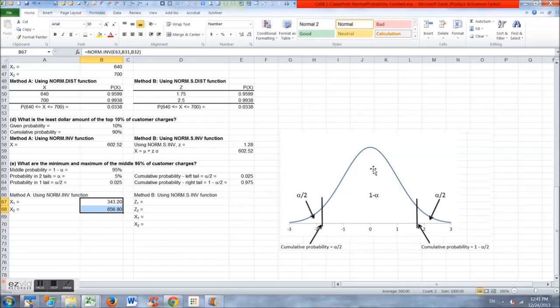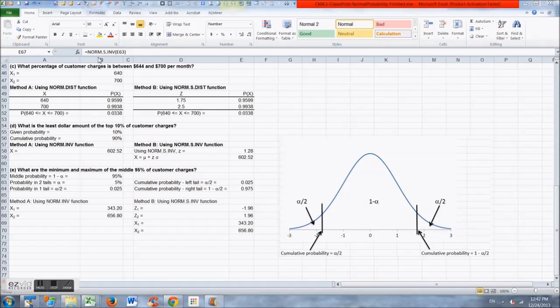for the middle 95%. Now of course we can do the same thing using norm.s.inv, in which case you will first find the z and then use that z in a formula like that to get the same two x values. So I'll show the final answer.